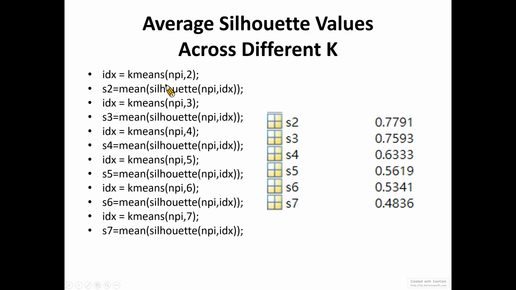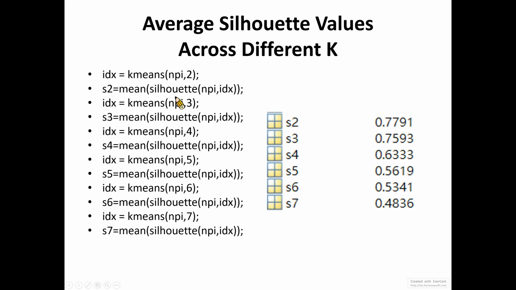To do this is very simple, because once you have the clustering results and the silhouette calculations, you can just average every silhouette value you observe in the data. So in these several long lines of code, I calculate the average silhouette value for each k.